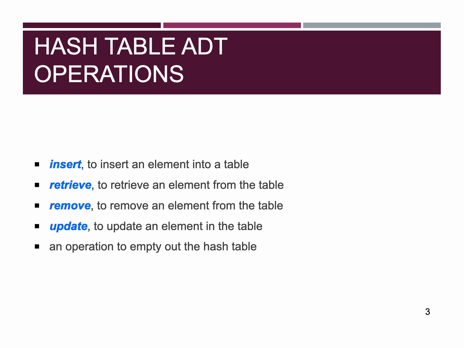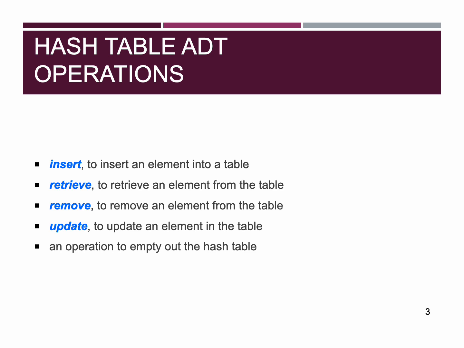Next, we have remove. With this operation, we can delete an element from the hash table. Removing an element might require handling to avoid leaving gaps, depending on the hash table's collision resolution strategy. Next, we have update.